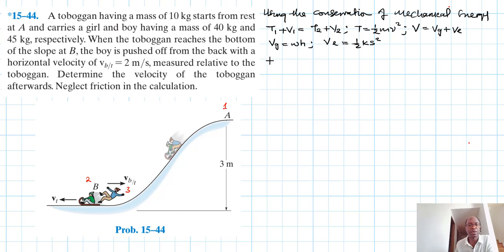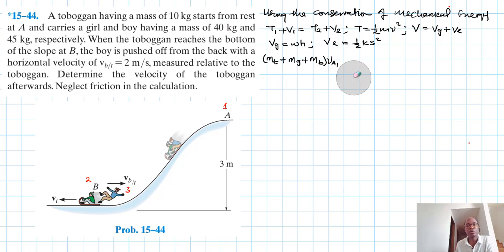All right, so let's start. At A, we are going to say the mass of the toboggan MT plus MG for girl plus MB for boy, at A. Let's call this VA or V1, that's at state 1.